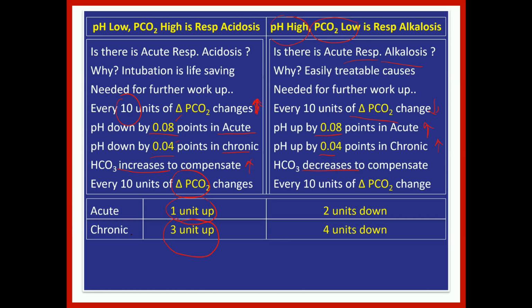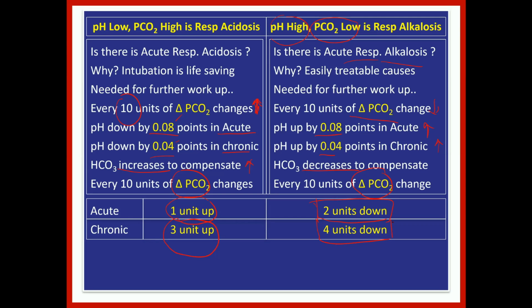Whereas in respiratory alkalosis, the PCO2 we know goes down. For every 10 units down in the PCO2, there will be a 2 units down of the bicarbonate, because the secondary and primary variable go hand in hand, and 4 units in the chronic.